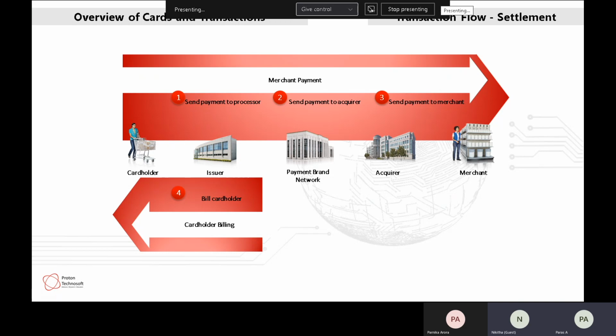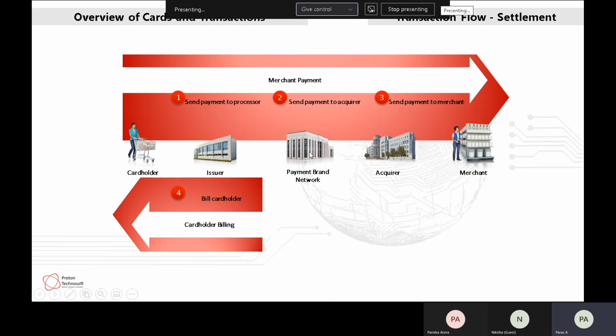So on the second day of the transaction, I will see a transaction on my card account. If I use American Express today, I will not see that transaction immediately. I will see that transaction on my account on transaction plus 2 days. So the issuer will bill the cardholder for the transaction. So 100 rupees will be put onto the credit card of the cardholder.